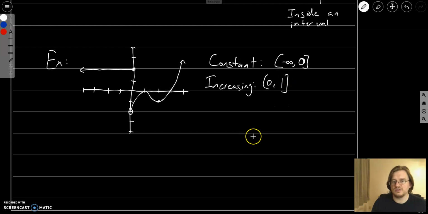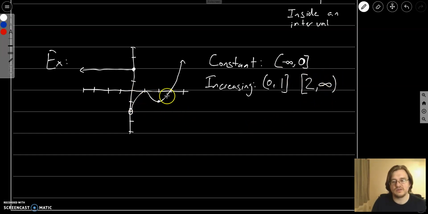But this isn't the only place where this graph is going to be increasing. Here, we're going to be increasing again a little bit later, starting from 2 onwards. So 2 to infinity will be increasing. Again, we will include 2, but we never include infinity. So we'll have a parenthesis there.